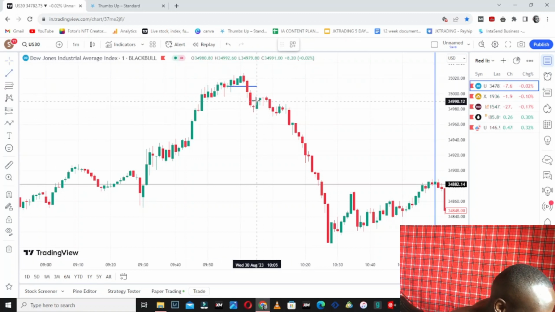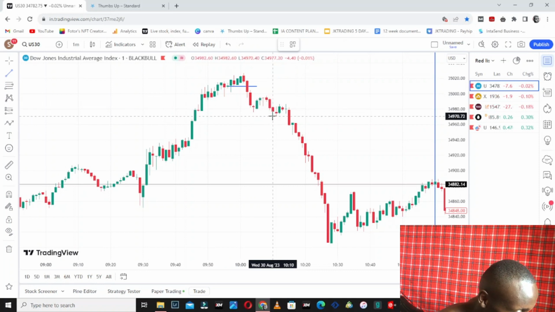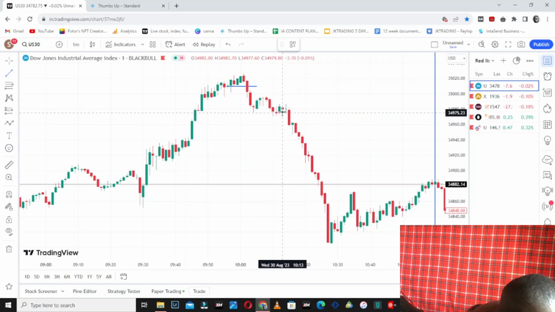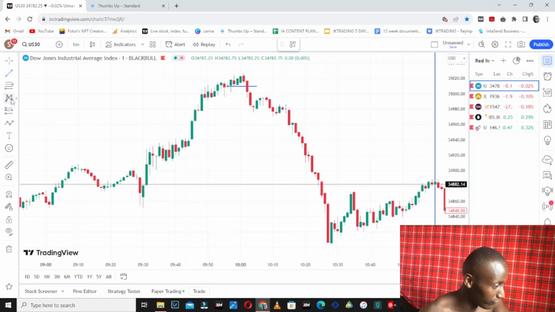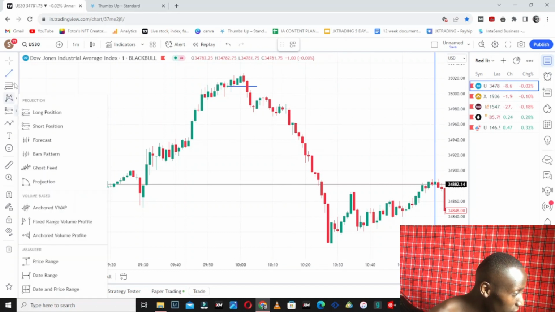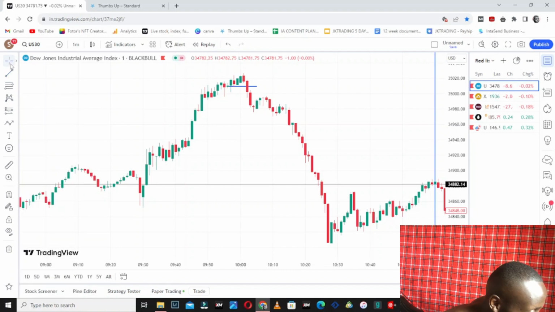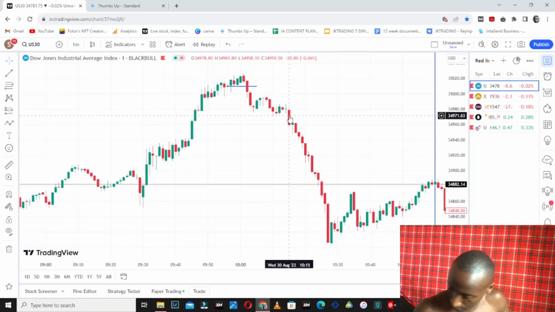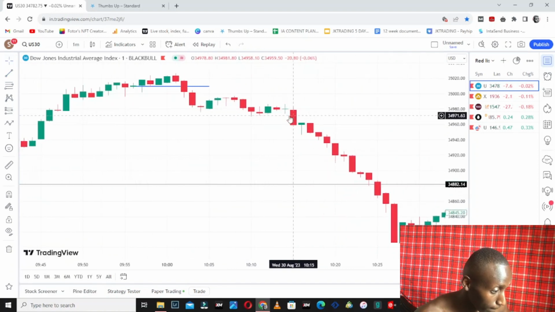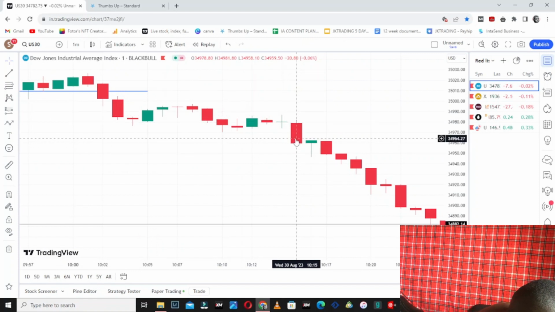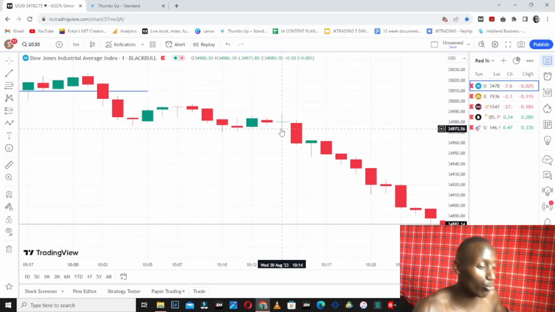So we have the first retest, but we have no engulfment candle. We have another retest, but we have an engulfment candle at 10:15. So this is what an engulfment candle looks like. This candle engulfs this candle, and we are only dealing with one candle.